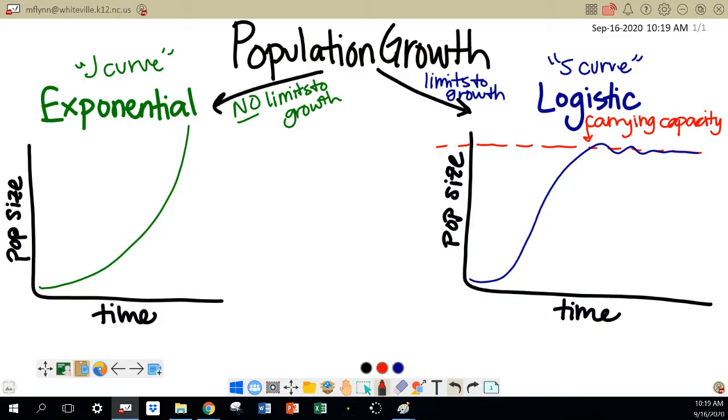It stays consistent in size because of limited resources of some kind. It could be limited food, limited shelter, limited water. If the population's too big, they could be really prone to diseases, things like that. So carrying capacity, that is your limit, due to lack of resources.